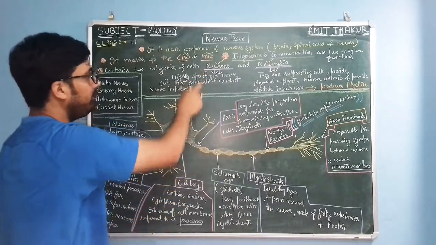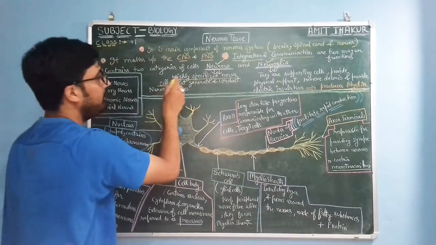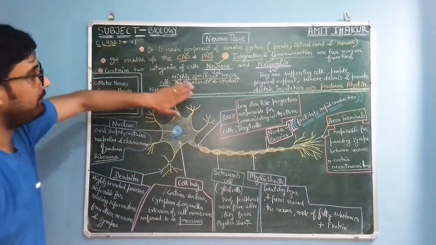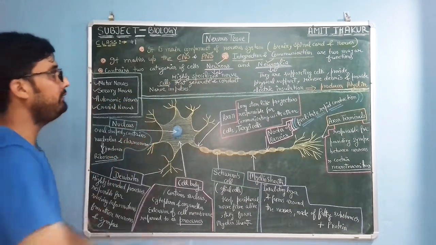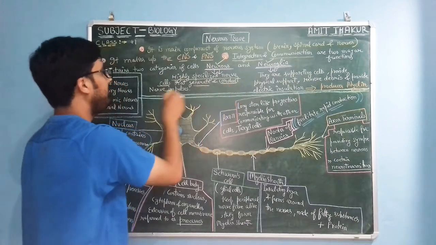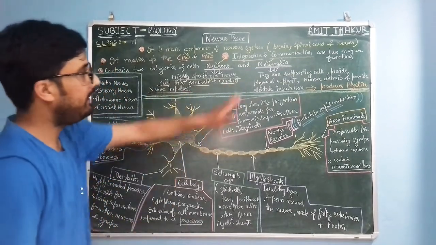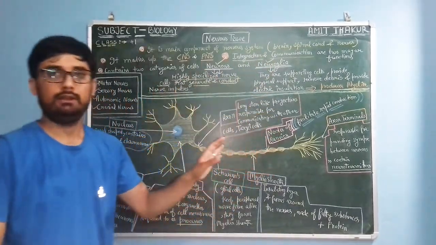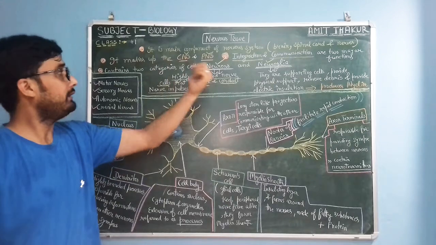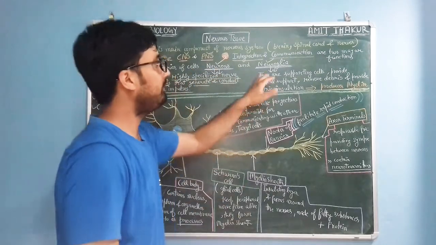As you know, neurons are highly specialized nerve cells, and the main function of a neuron is to generate and conduct nerve impulses. On the other hand, neuroglia is supportive in nature. It supports neurons to conduct nerve impulses. So they are supporting cells.